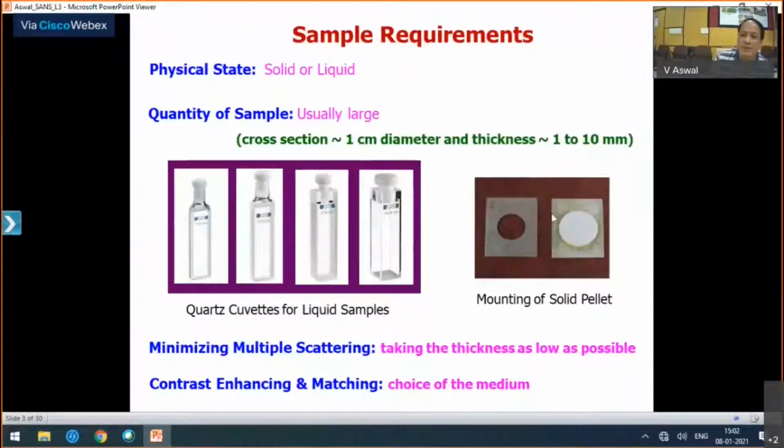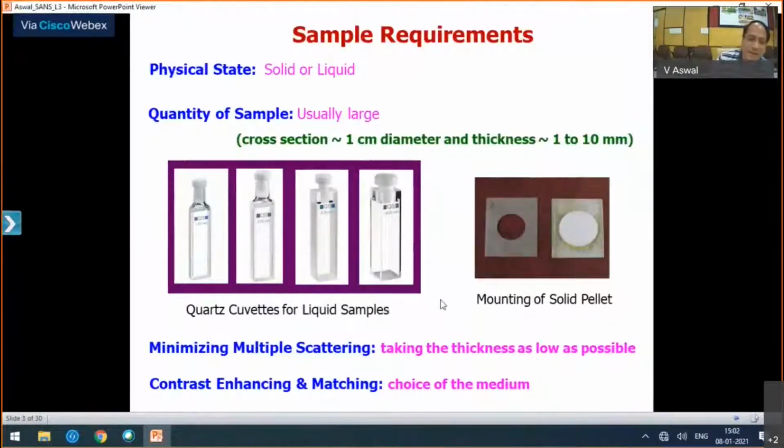And for solid samples, you can use mountings which are made of cadmium, so that only neutrons pass through this hole, and over that you can place your pellet of solid sample.